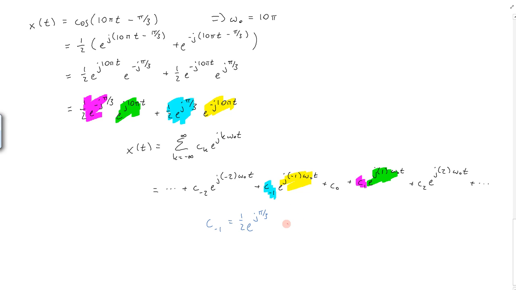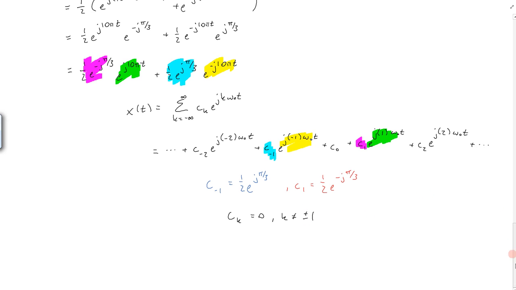And so we can write that c1 is equal to 1/2 e to the minus j pi thirds. And that's it. We can see that there are no other terms here, so every other term in the summation must be equal to 0. So c sub k is equal to 0 for k not equal to plus or minus 1. And that's that. We found every term.